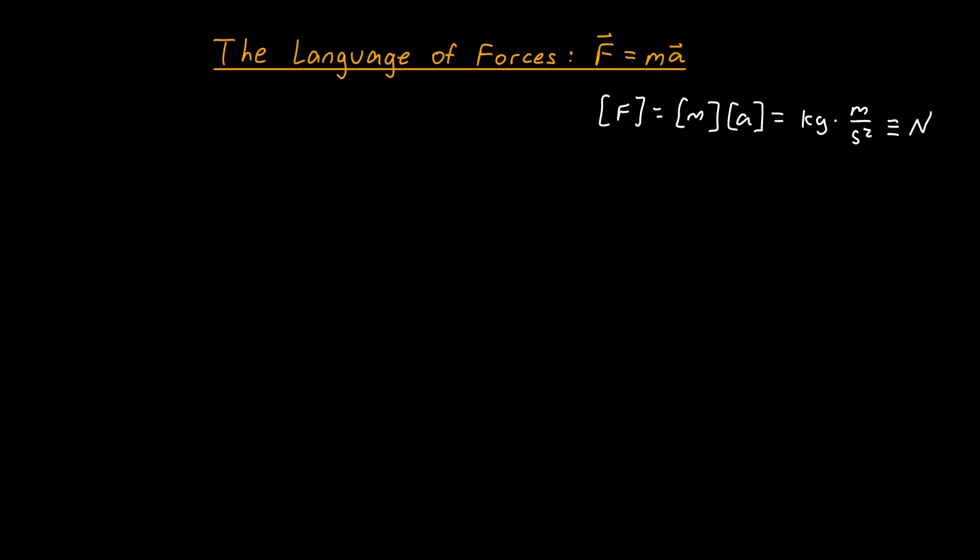But let's take a step back and talk about why we're defining forces in this way to begin with. And the way I see it, it really is a definition, right? This equation, F equals ma, is Newton's second law of motion, Newton's second law. But I see it as less of a law of physics and more of a definition of what a force is.